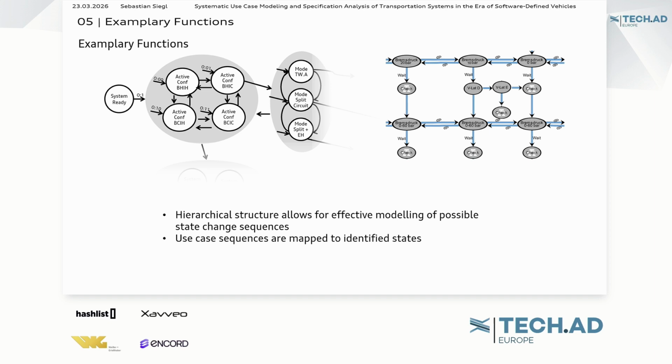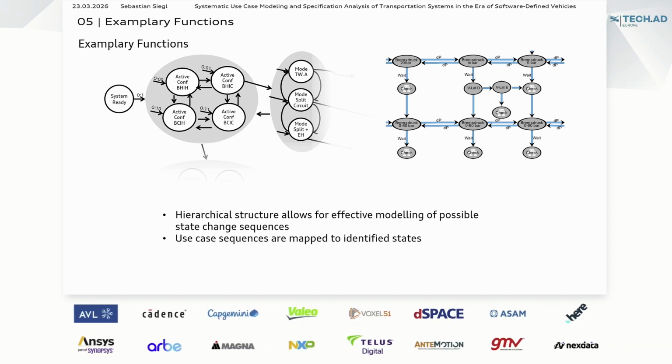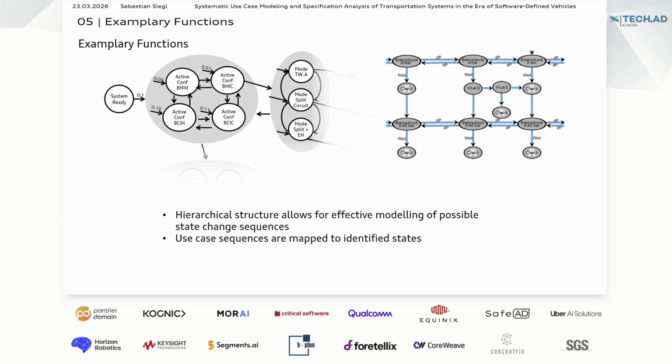Exemplary functions for this: on the left, a sketch for energy management; on the right, a drawing from series development for a safety function, an active safety functionality, in which you can also see that you find logical macro states in which you can put other states, subgroup them, showing what is actually happening and what your functionality should do.